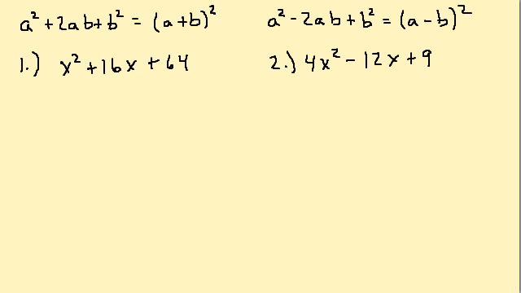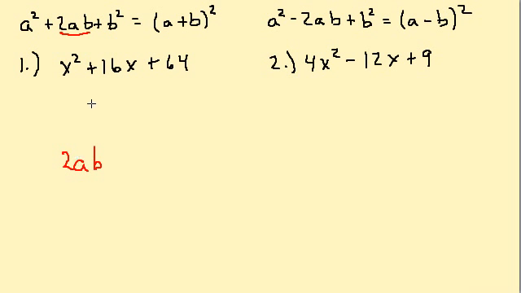Well, if you look at this a squared, what's the square root of a squared? Well, that's a. What's the square root of b squared? That's b. If I multiply them together, I get ab, and then if I double it, notice I get this middle term here, 2ab.